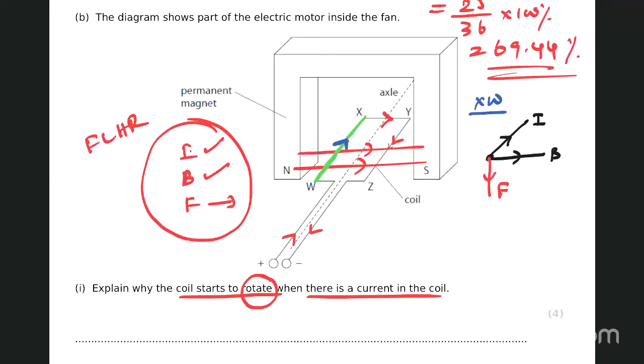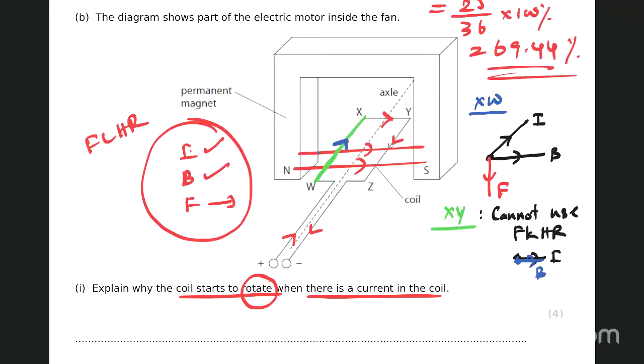And if we consider the next line, for X and Y, can we use Fleming's left hand rule? For X and Y, we cannot use Fleming's left-hand rule. What is the reason? Here you can see the current direction and also the magnetic field direction both are falling under the same direction.